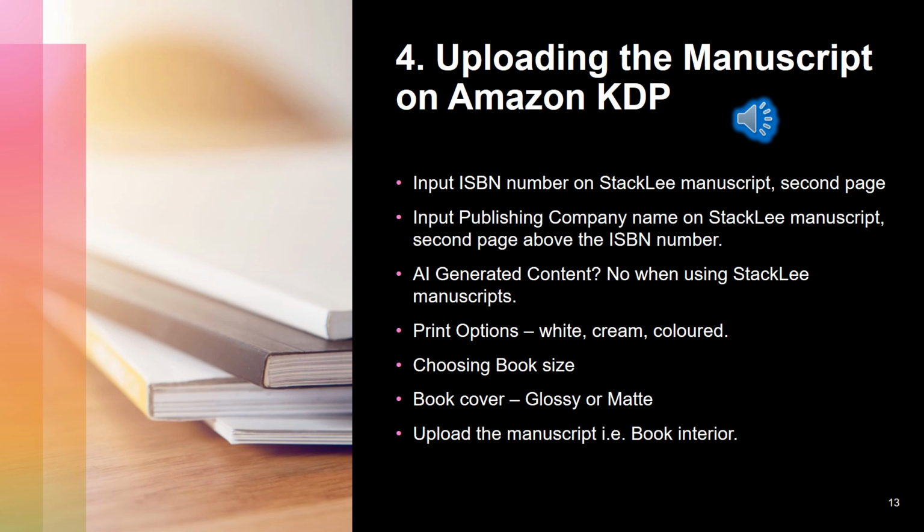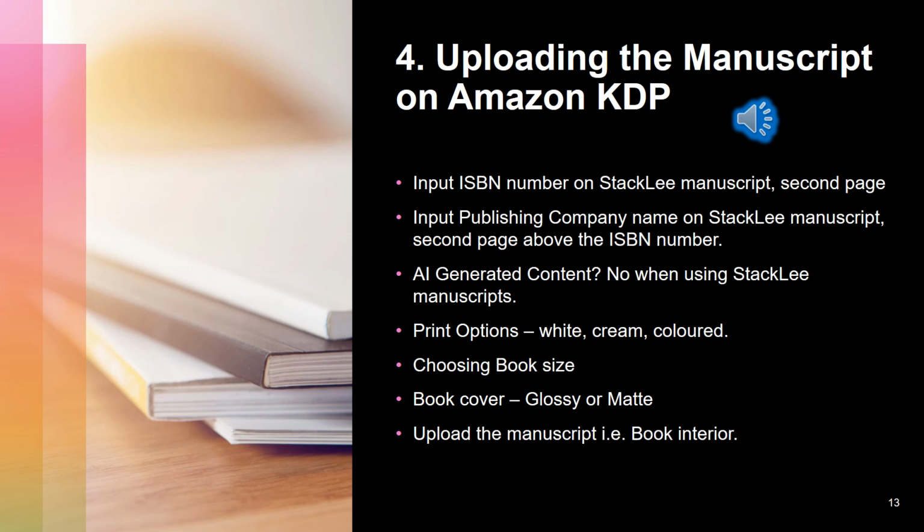I mentioned that I showed you how to generate the free ISBN number on KDP, and copy it, paste it on your Stackly manuscript. It's actually on page 2 of your Stackly manuscript where you have the copyright information. You paste the ISBN number there. It's very important that you always make sure that it's accurate. You just copy and paste.